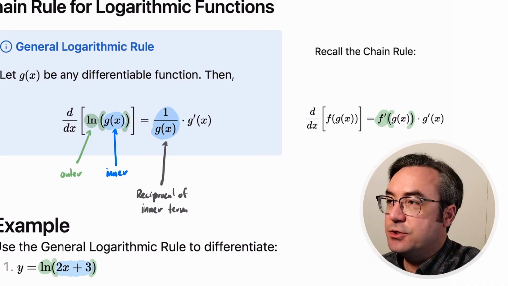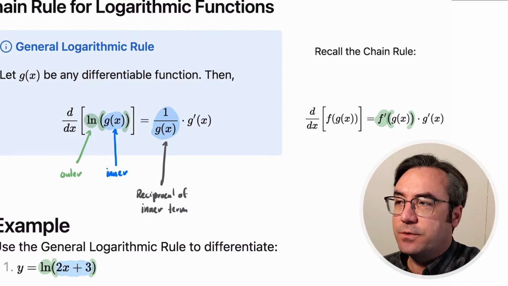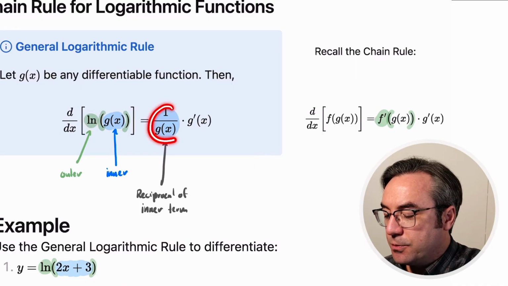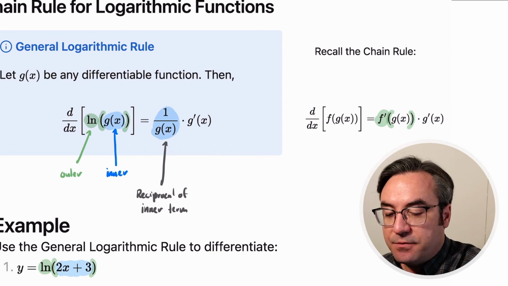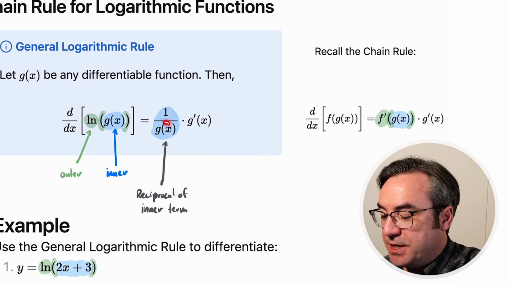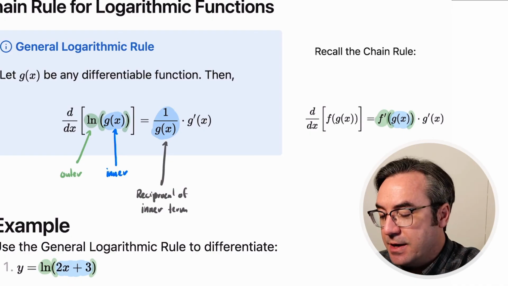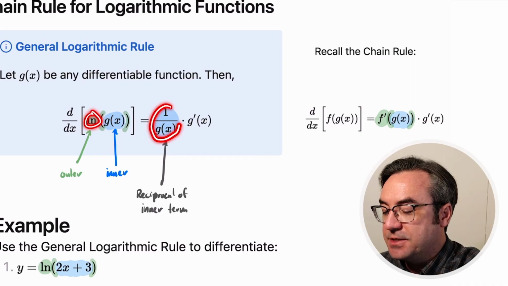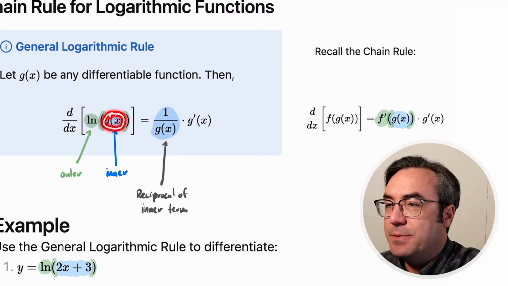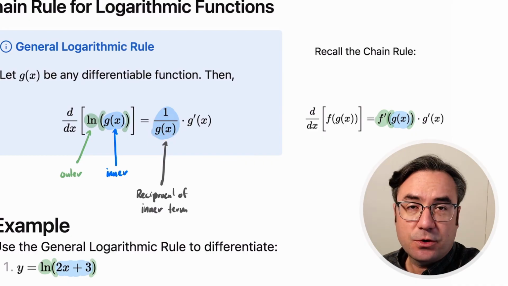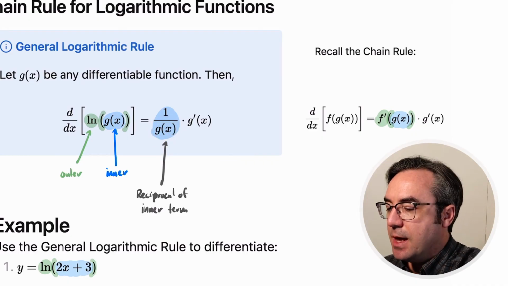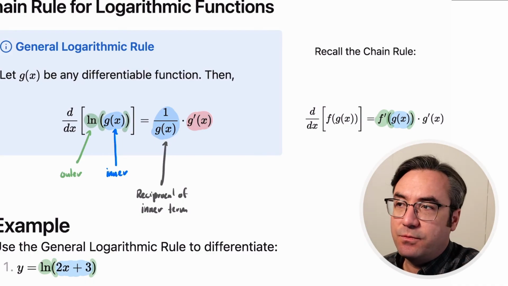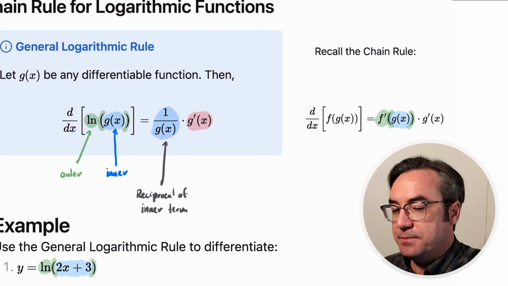So when we differentiate this outer natural log function, we're going to do the reciprocal, but then we keep the inner function exactly the same. So that's why we're seeing g of x in the denominator here and not just x. So the derivative of the natural log part gets us this reciprocal, but then we're keeping the term inside the log function in that reciprocal exactly the same. And then, next door to that, we've got to multiply by the derivative of whatever was inside the log function.